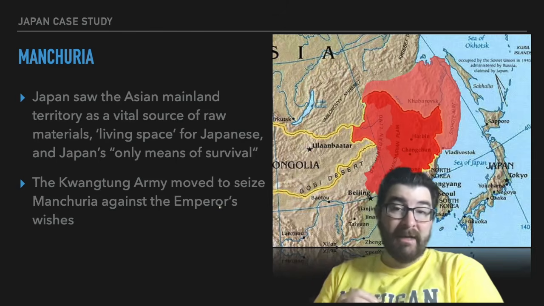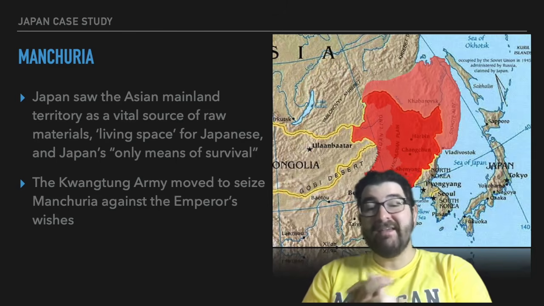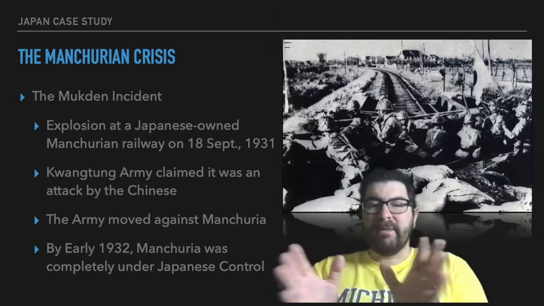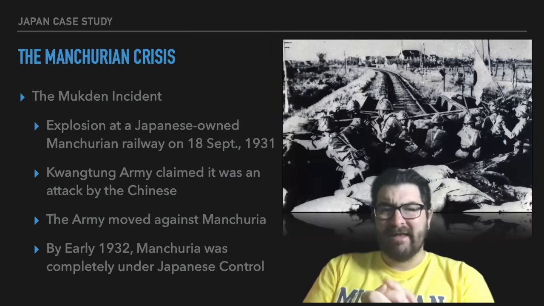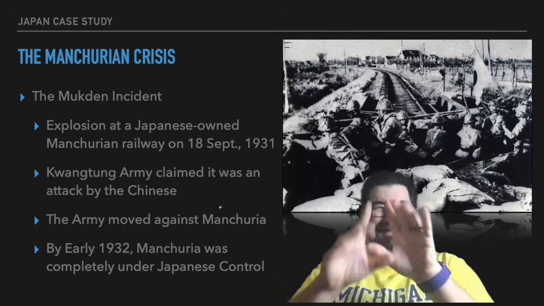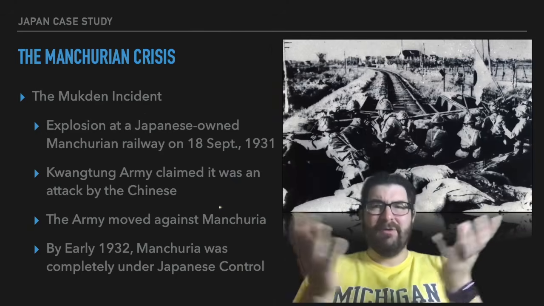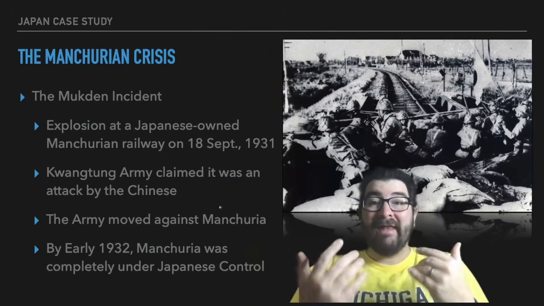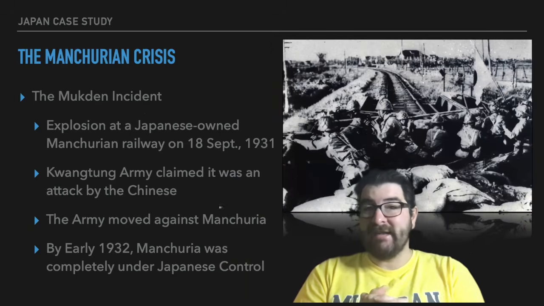The Kwangtung Army that is based in Korea and Manchuria is going to move to seize Manchuria against the emperor's wishes. This is going to begin with what is known as the Mukden Incident, because it happens outside of this Manchurian town called Mukden, where there's an explosion at a Japanese-owned railway. And let's go back for a second. What's the Japanese army and Japanese railways doing in Manchuria? These go way back to concessions that Japan had gained from China after the Sino-Japanese War back in 1894.